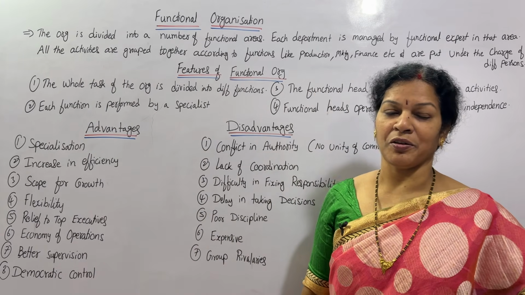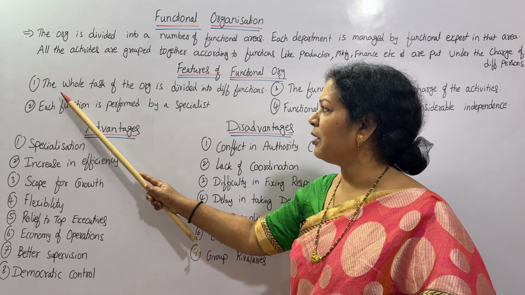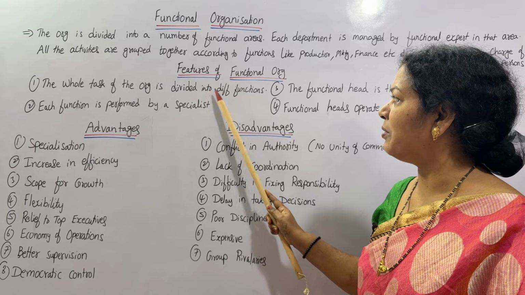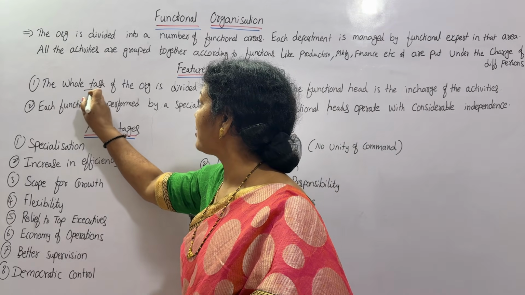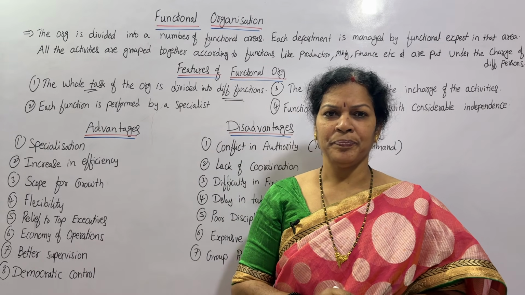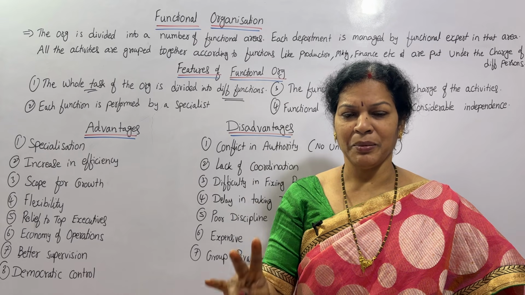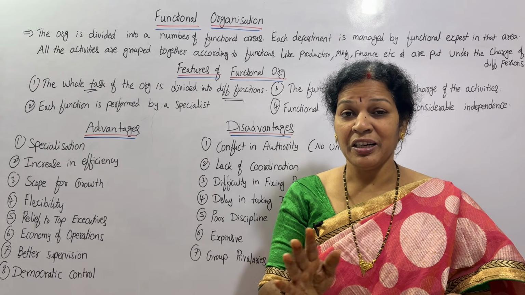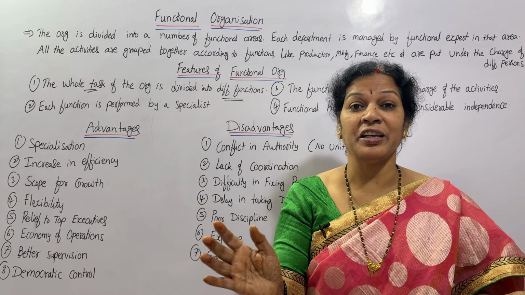Features of functional organization. There are four simple features. One, the whole task of the organization is divided into different functions. Like we just said, finance function, marketing function, production function: the entire activities are divided into different functions, different areas, different parts.